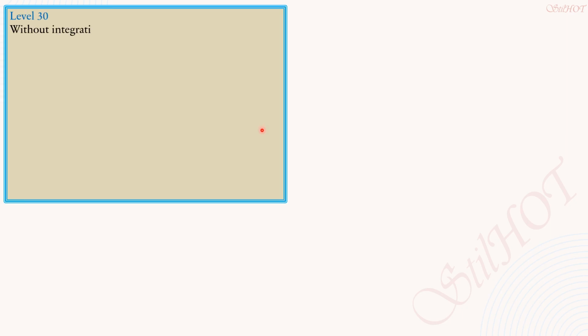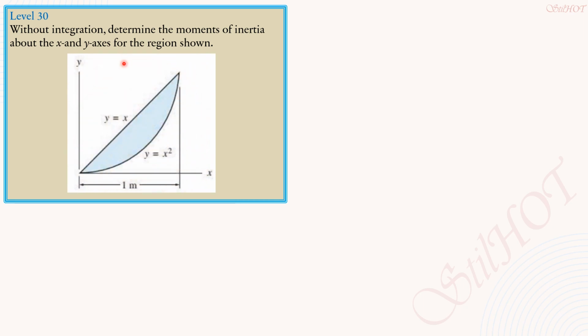Level 30. Without integration, determine the moments of inertia about the x and y axis for the region shown. This is actually problem 29, and we solve this again without integration. Let's use the derived formulas for this curve in general from level 4.